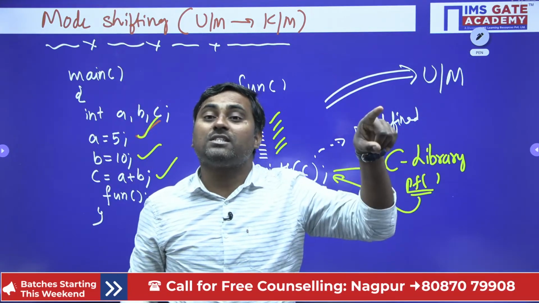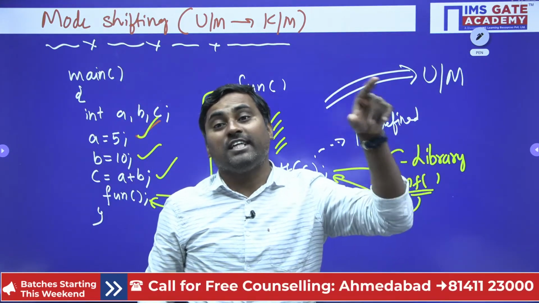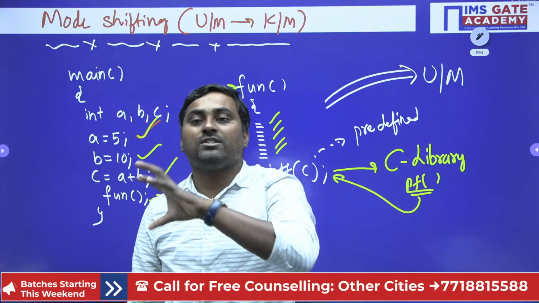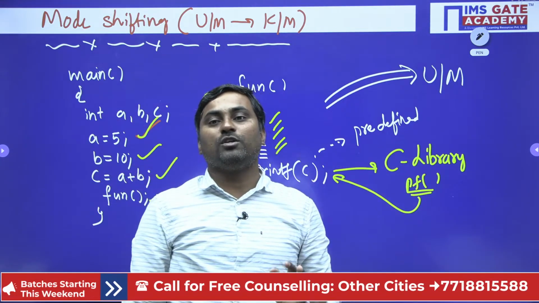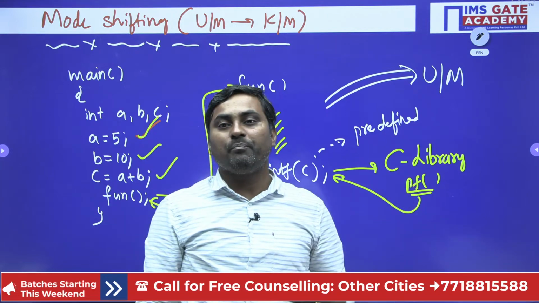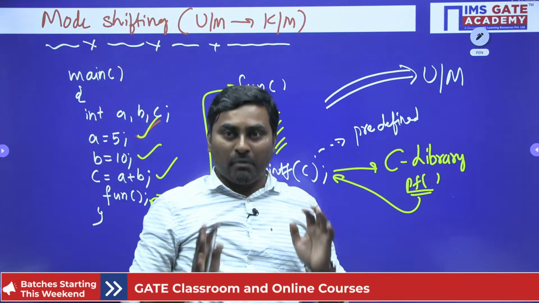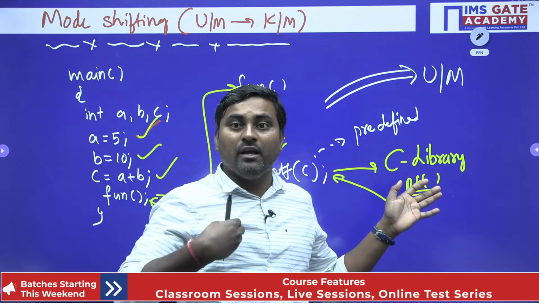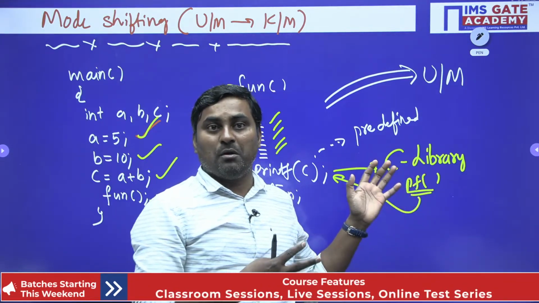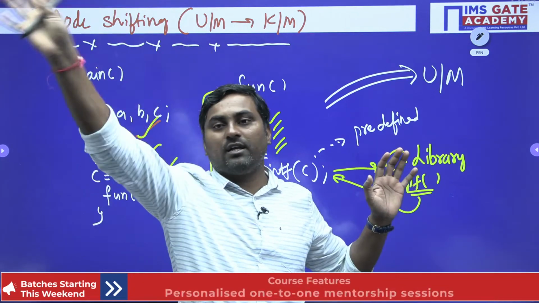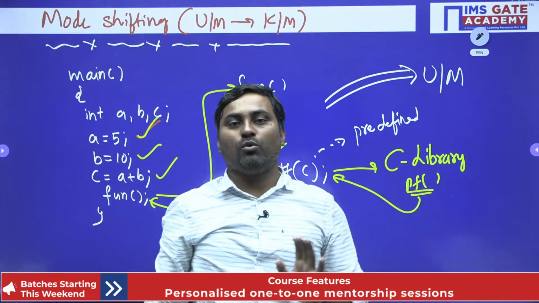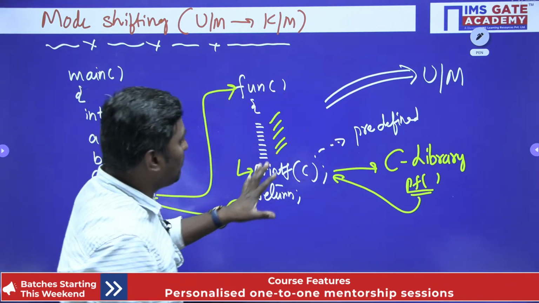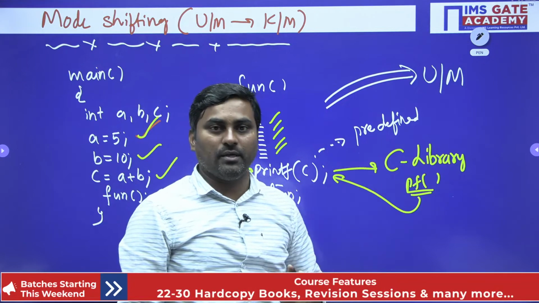Whenever that write system call from the printf function is invoked, it will jump to kernel mode, run that write system call, and come back again to user mode. But that part I am not worrying about; it is secondary. Printf is executed in user mode only, and that needs to be considered. Clear? So there is no requirement of user-kernel mode switching here when I am running it.